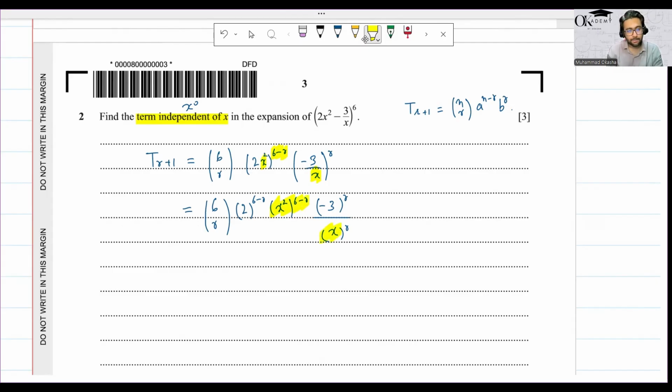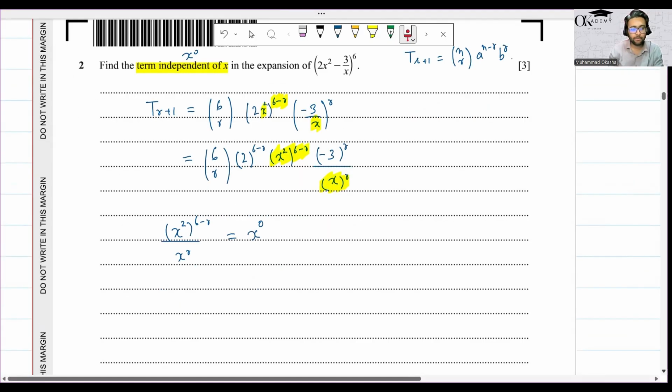This is what I'm interested in, right? x squared to the power 6 minus r divided by x to the power of r, and all of it should be equal to x to the power of 0, because that's what we're looking for. We want to find out the value of r for which the x has an exponent of 0. Okay, and we'll solve it to work out the value of r.